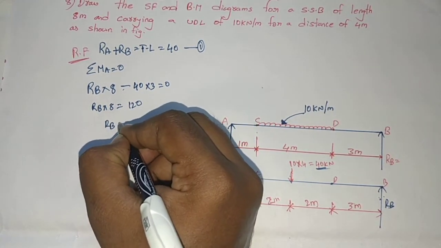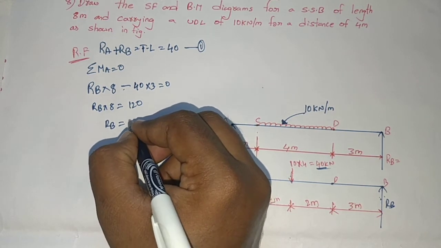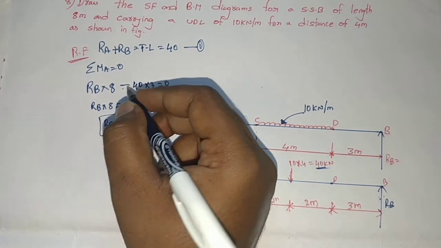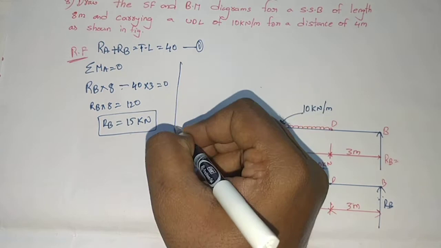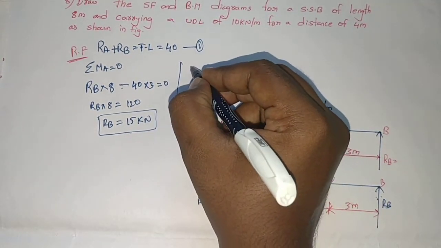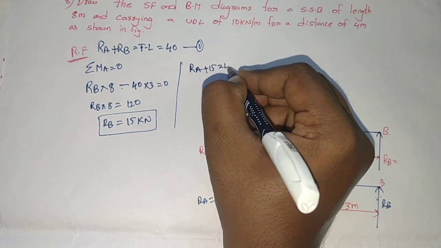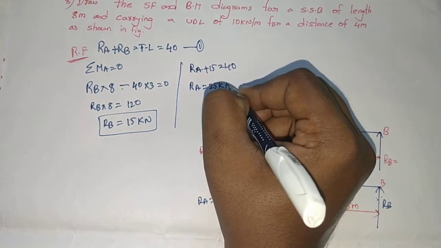Therefore RB is equal to 15 kilonewtons. Substituting the RB value in equation 1, we get RA plus 15 equals 40. Therefore RA is equal to 25 kilonewtons.